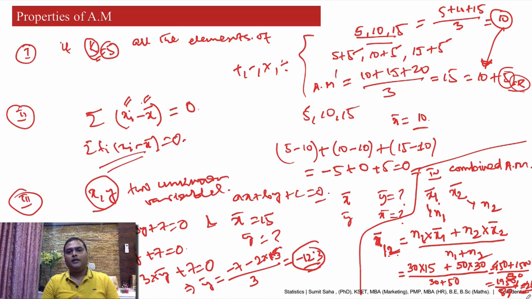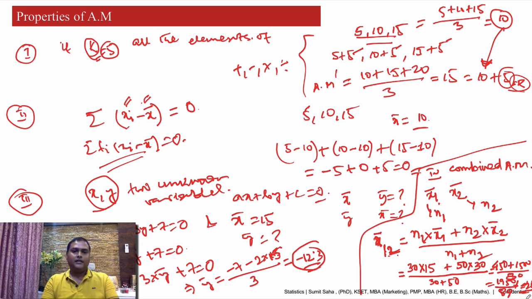Second property is the summation of xi minus x bar equals to 0, or summation of fi into xi minus x bar equals to 0. It means if you subtract the average mean of that observation from each and every individual element, and you take the summation of that, you will get a 0 value. This is one of the important properties of arithmetic mean.